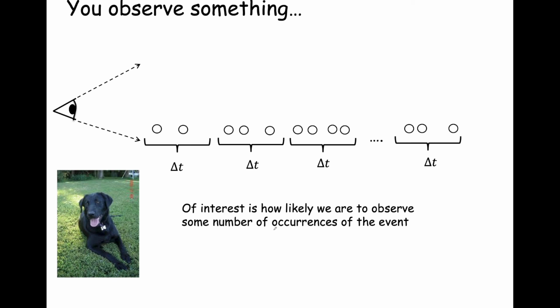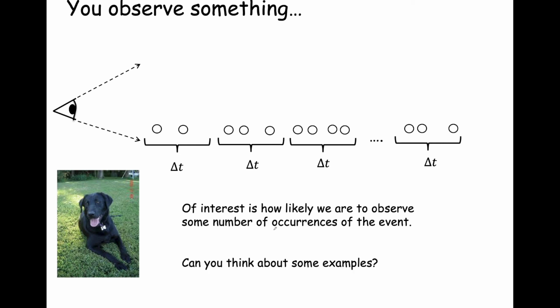And if we can get this, we could use something kind of like stick breaking to generate, okay, this time you got 2 events, this time you got 1, this time you got 3, and so forth. And so of interest is how likely we are to observe some number of occurrences of the event in time in a module of observation.